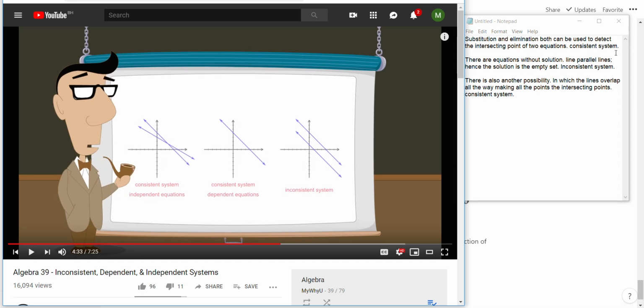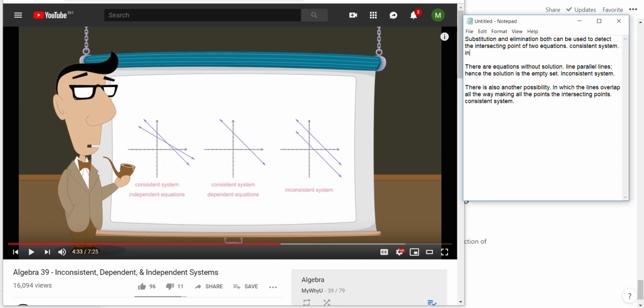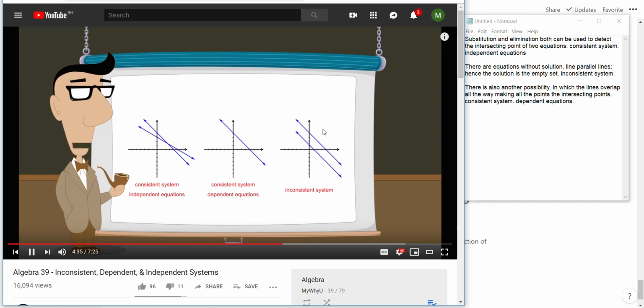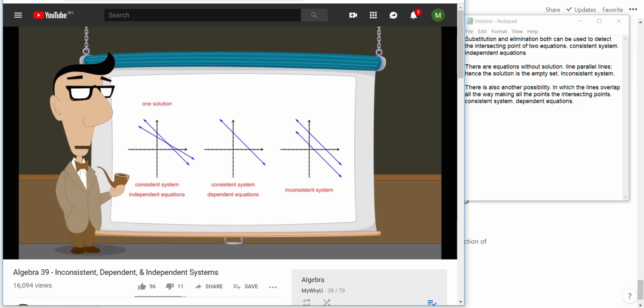So, consistent systems with independent equations have one solution. Consistent systems with dependent equations have an infinite number of solutions.